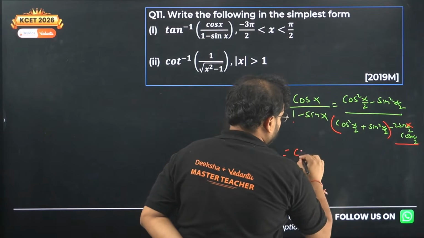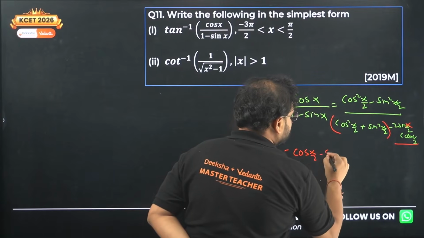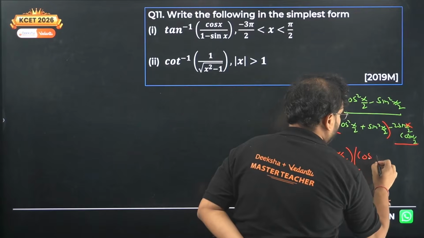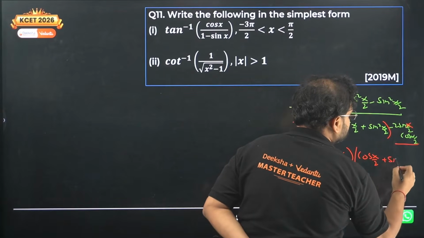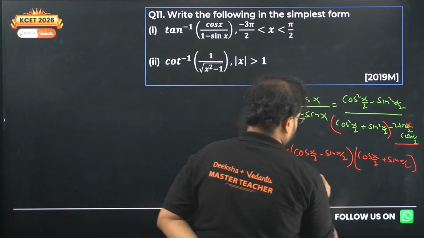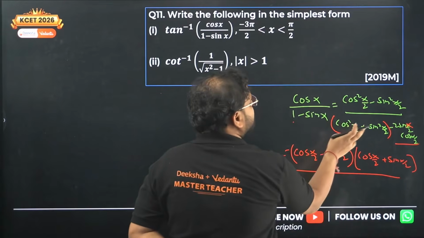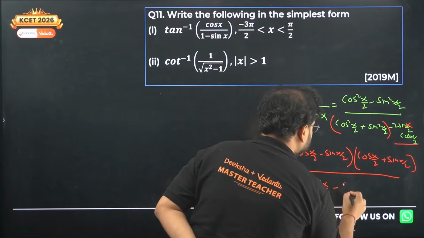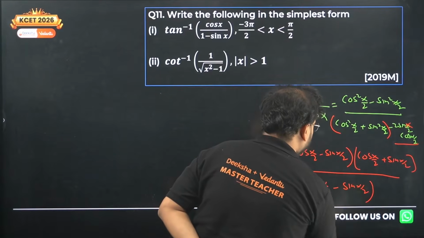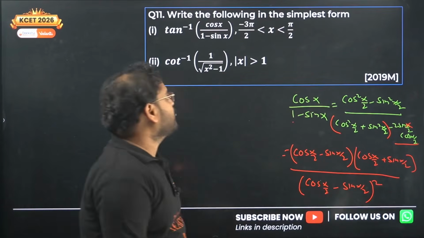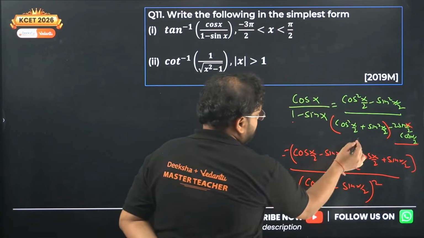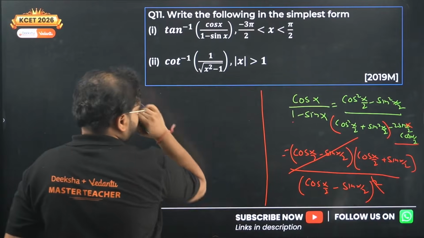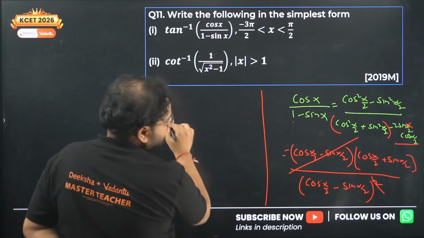This expansion: cos x by 2 minus sin x by 2 into cos x by 2 plus sin x by 2, divided by, check here, a square plus b square minus 2ab. So cos x by 2 minus sin x by 2 the whole square. One of them will cancel over here. Now you check. What has this whole thing become actually?